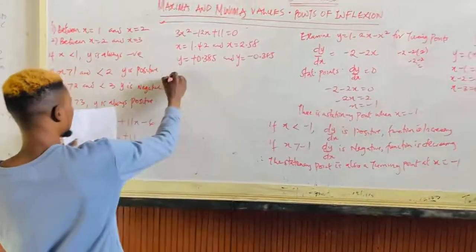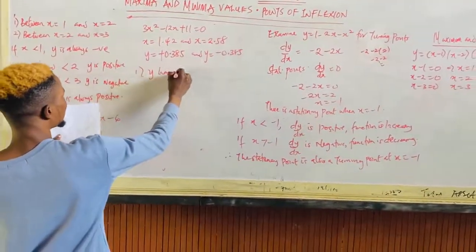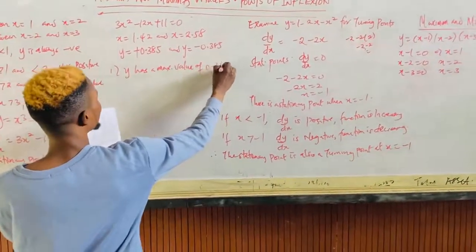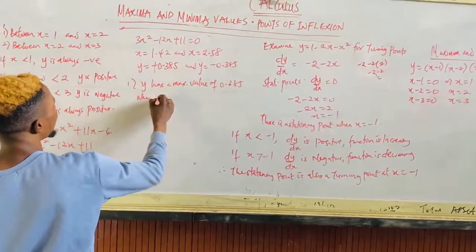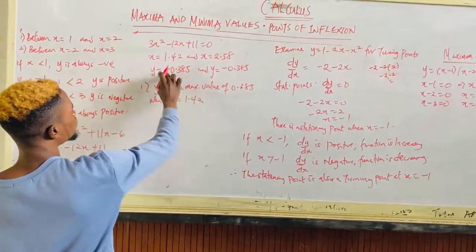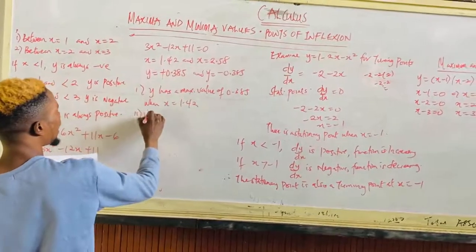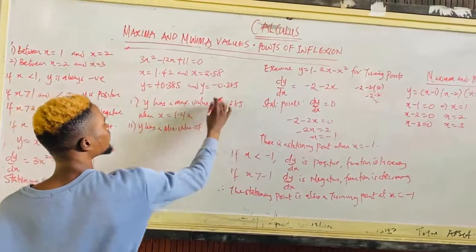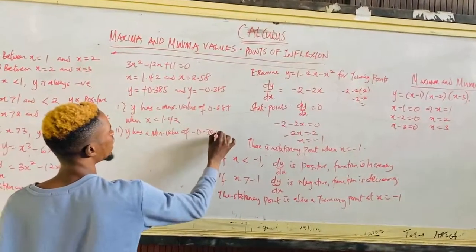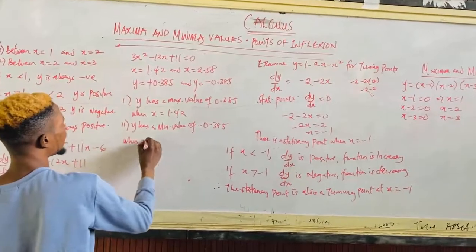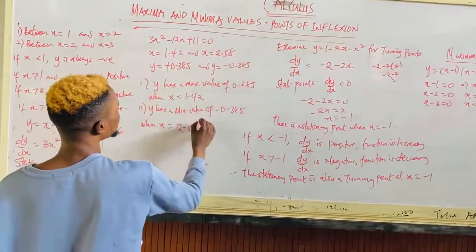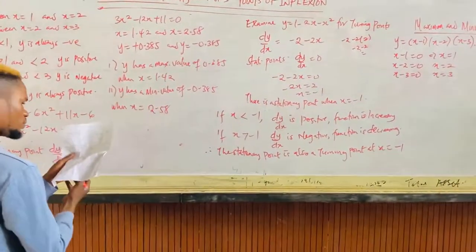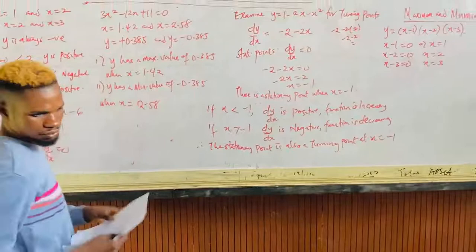So we can conclude that y has a maximum value of 0.385 when x is equal to 1.42, because this is positive. And y has a minimum value of minus 0.385 when x is 2.58, because this is negative, that's the minimum, and positive, that's the maximum.